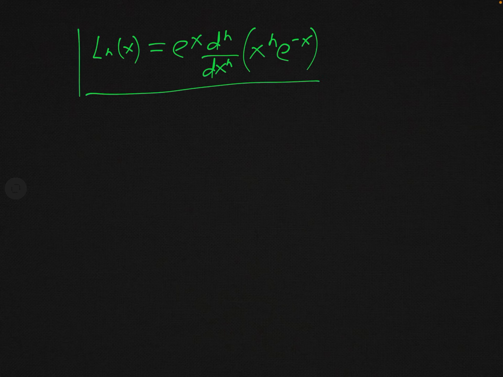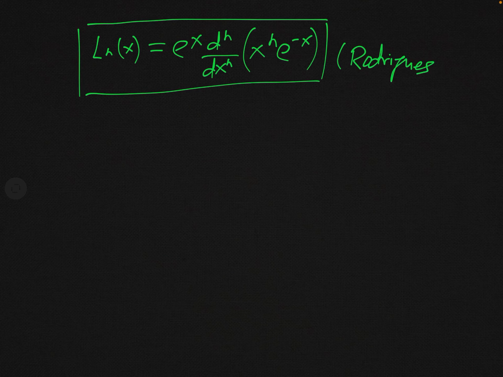This is the differentiation formula for Ln of x, which is also known as the Rodrigues formula. So this is your Rodrigues formula. You have seen how easily we can obtain this formula by simple mathematical calculation. Now, after getting the differentiation formula for Ln of x, let us try to find some of the values of Ln of x for different values of n. So let us find it.